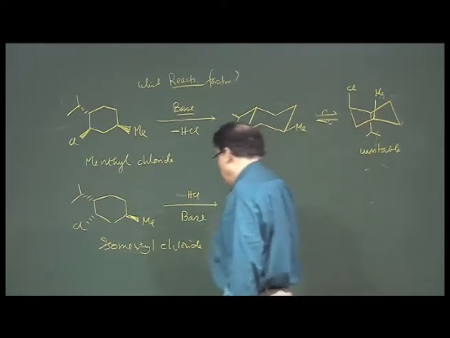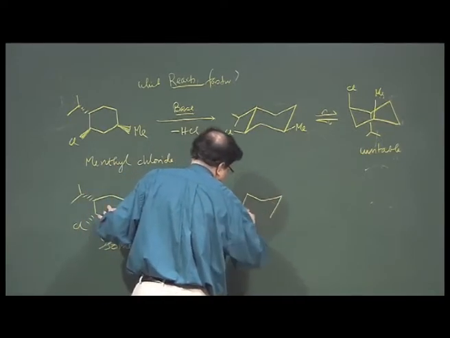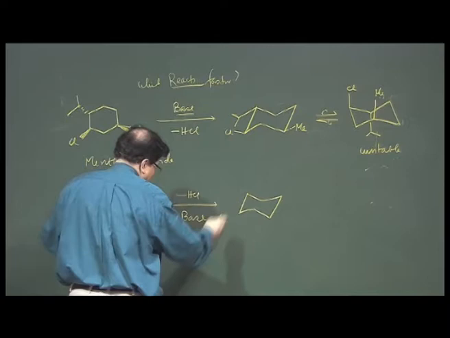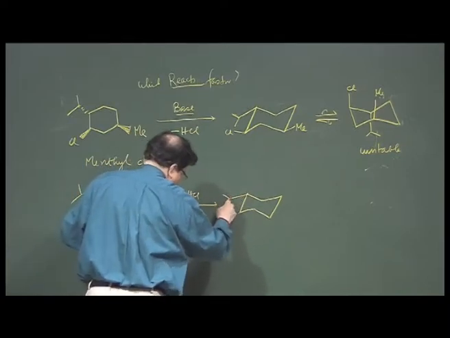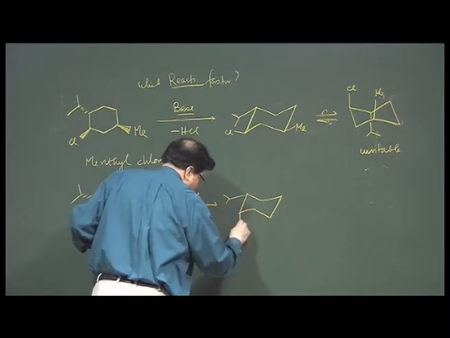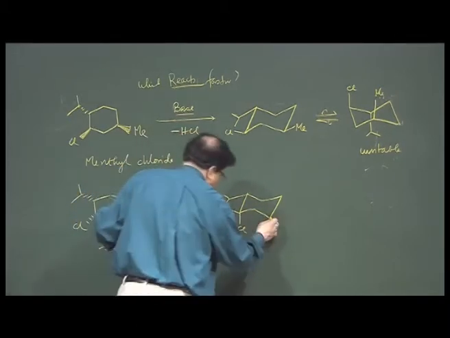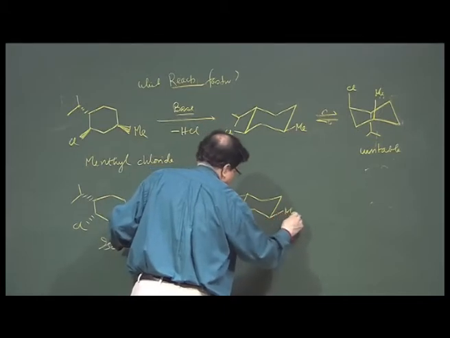On the other hand, if you write the conformation of this one, again I put the isopropyl in the alpha equatorial position, then the chlorine, now it is alpha, so it will be axial, and the methyl remains in the equatorial position.